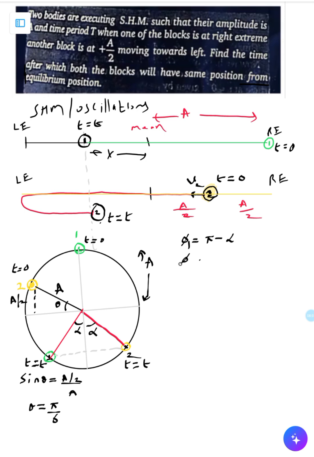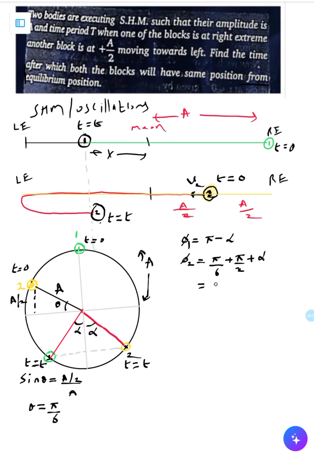Then similarly, the angular displacement of the second particle. How much angular displacement will the second particle undergo? It will start from here, pi by 6 theta, then pi by 2, then alpha. So this total angular displacement is needed. So this should become equal to pi by 6 plus pi by 2 plus alpha.